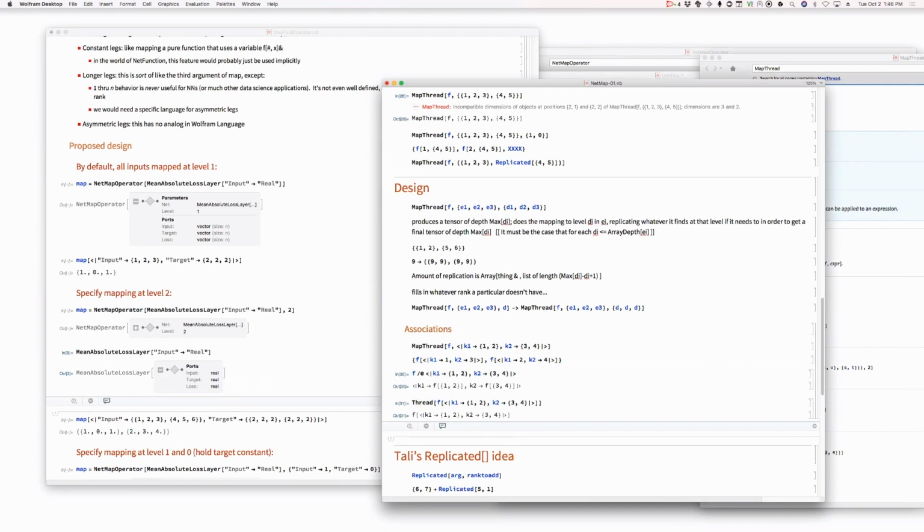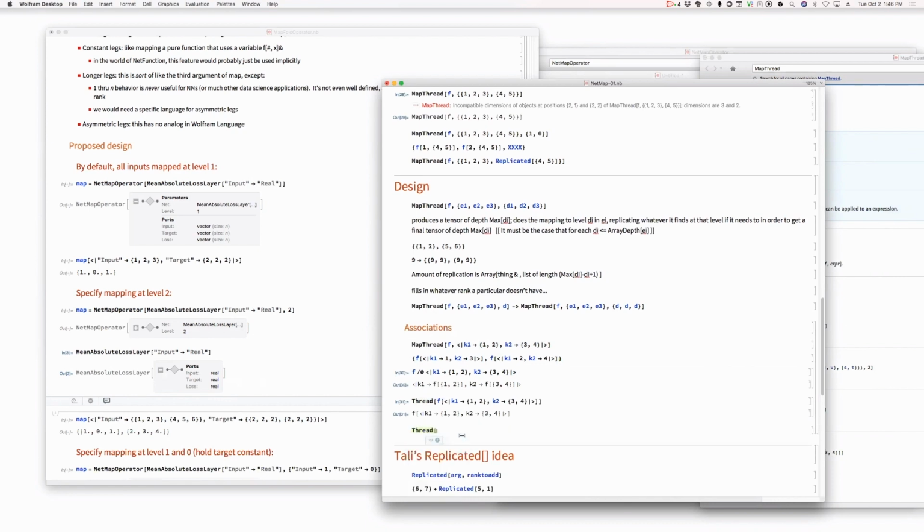Well, let's just think what that would do. What the thread would do in that case is the same thing that we're proposing the map thread is doing here.